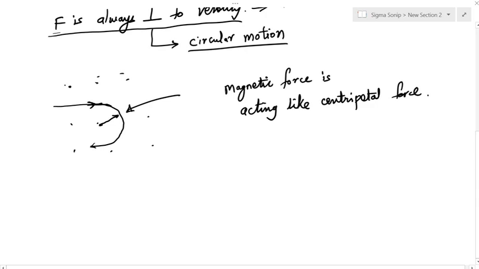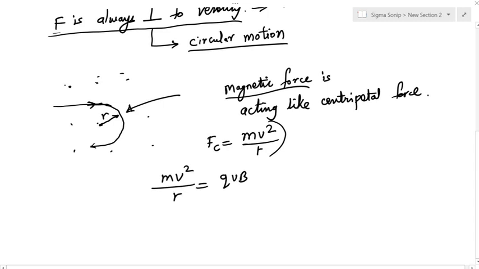Then the centripetal force is Fc equals mv square over r, where m is the mass of the charged particle, v is its velocity, and r is the radius of the circular path. So if the particle is moving in this circular path, it needs centripetal force, and that centripetal force is basically provided by the magnetic force.